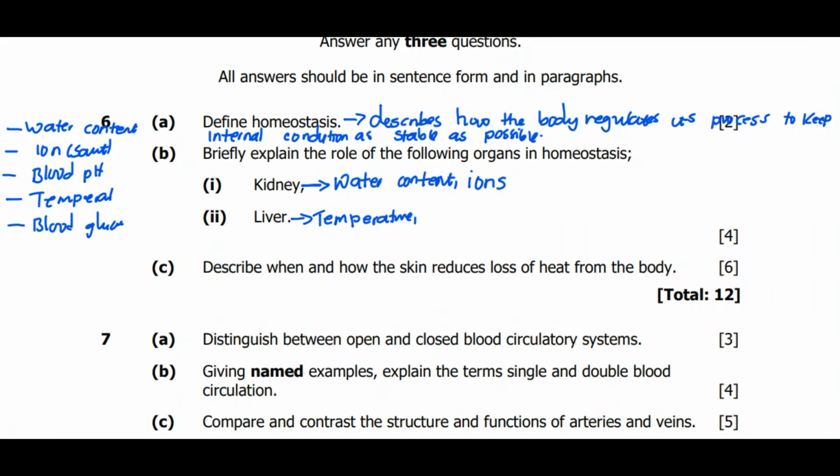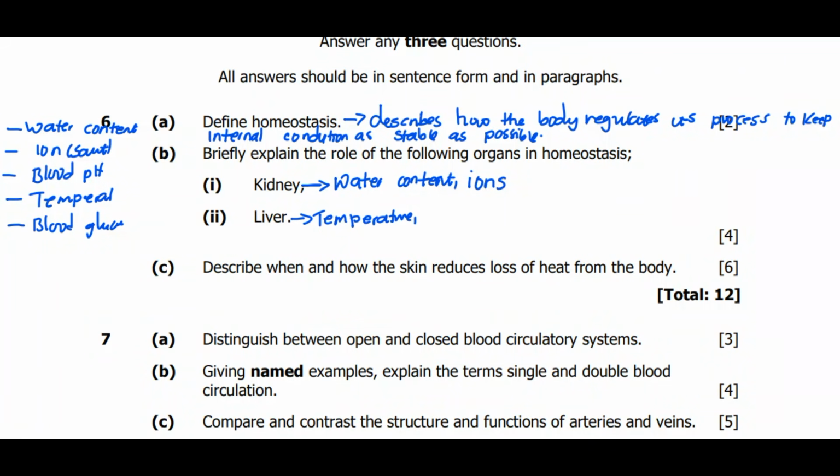So that regulation of heat from the liver helps to raise the body temperature back to normal. If, for instance, the temperature drops to maybe 34 degrees Celsius, the liver may raise that body temperature to normal by producing heat, so that is in terms of temperature.